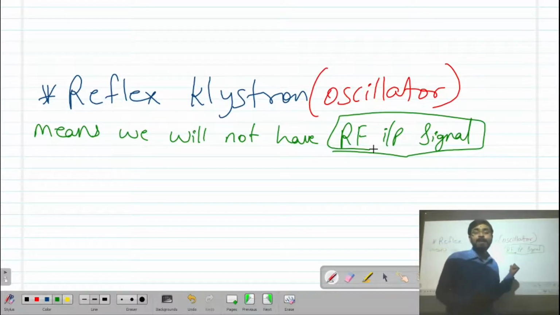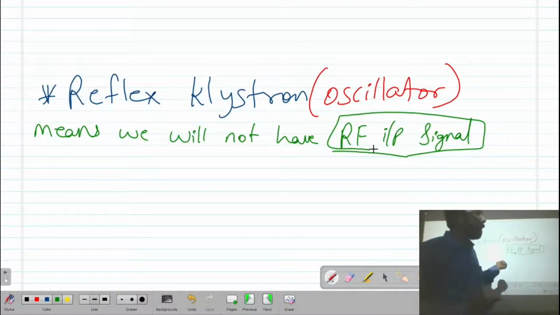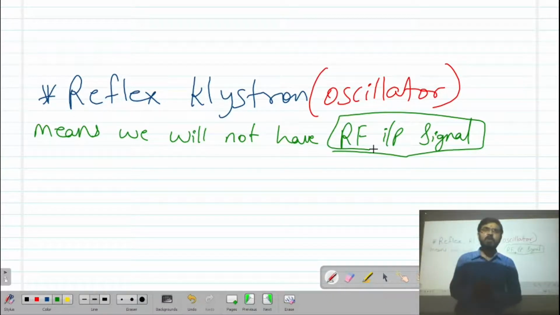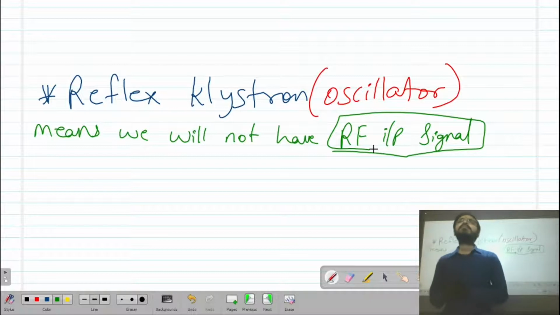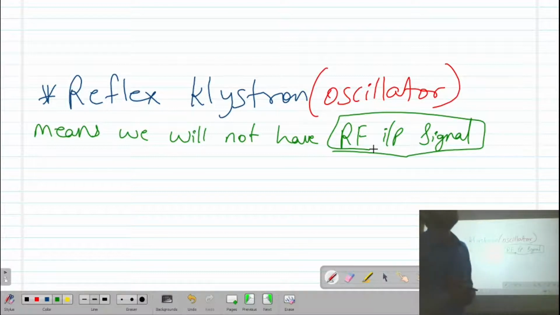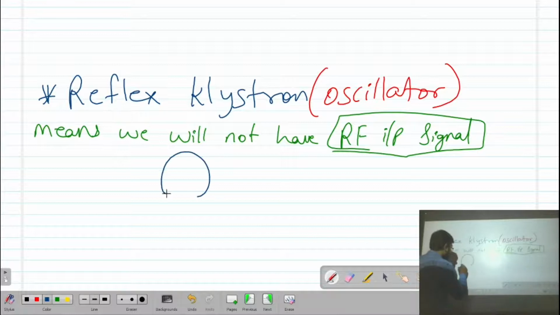Radio frequency generation can be done in this klystron. It is in general known as an oscillator, right? The basic fundamental of the reflex klystron is that it will have only one cavity.